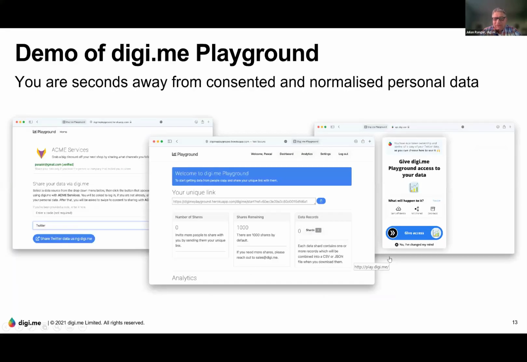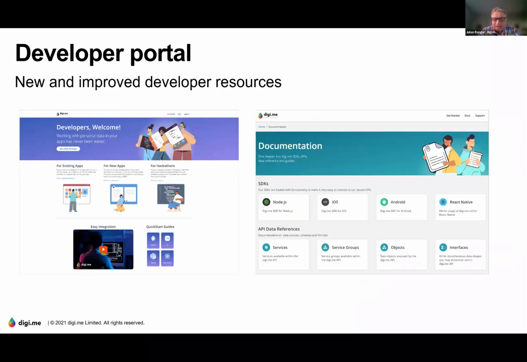I wanted to emphasize the two features on Playground you can do today, which is a demonstration and your own survey capability. If you did want to code, if you did want to bring it into your existing web service or app or whatever else, then actually the developers portal, which is at developers.digi.me, gives you everything you need to be able to do that.